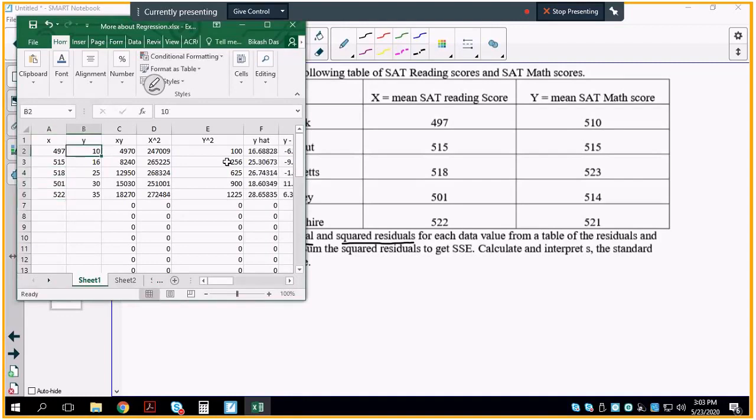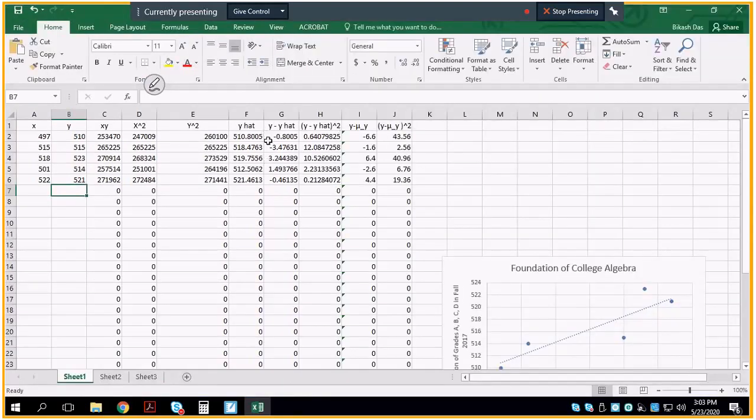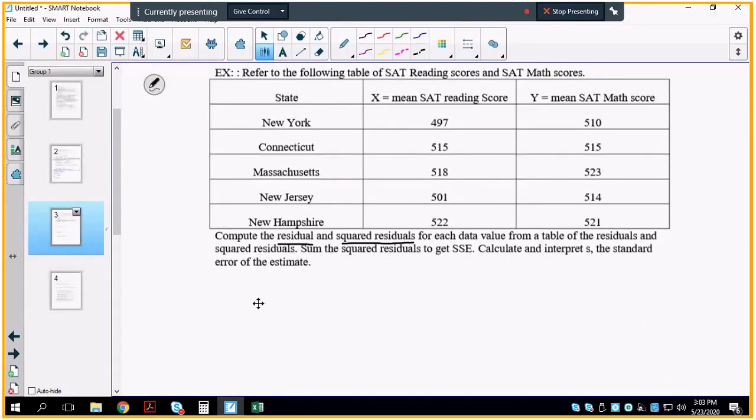And the Y data points are 510, 515, 523, 514, 521. Once we have put them in, you remember the residuals and the squared residuals are these two columns. So we'll copy them and paste them in the problem.